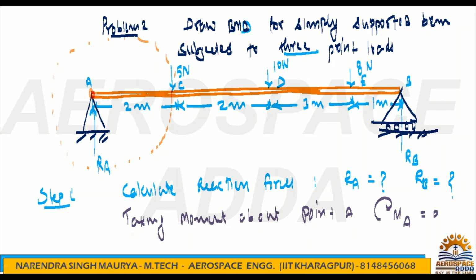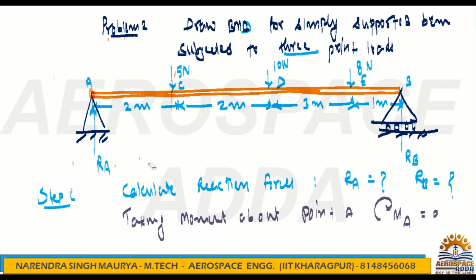So point A should be enclosed by this circle, and the circle's direction is clockwise, because this 5 newton is going down, so it goes this way and it will be a clockwise moment. This is the simple logic. Similarly, this 10 newton will also give a clockwise moment about point A, and 8 newton will also give a clockwise moment about A.